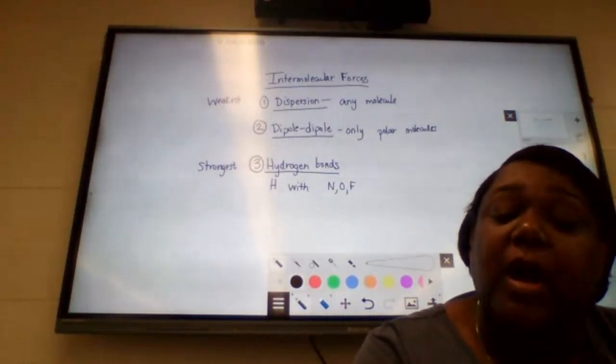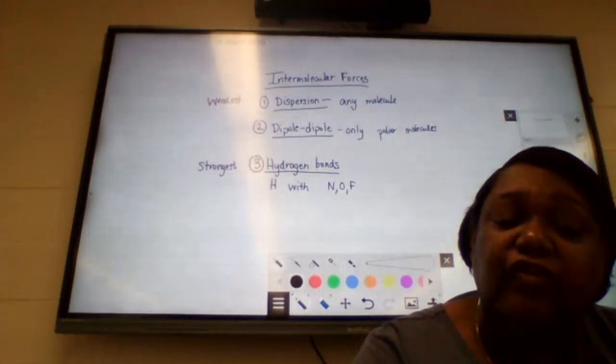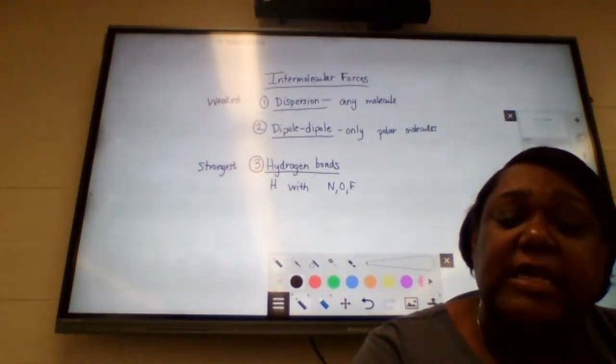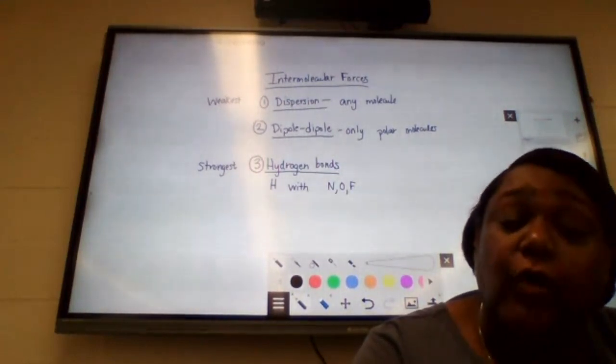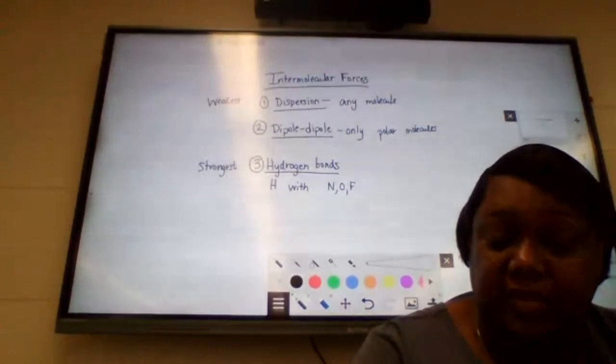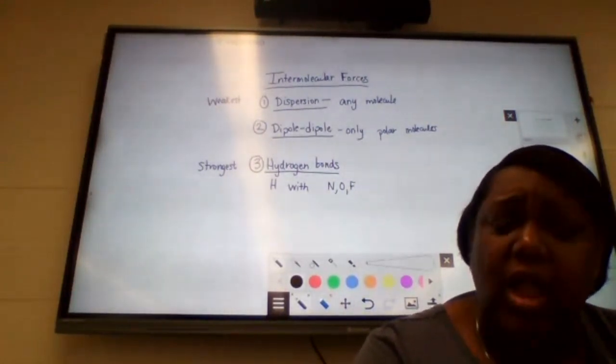And you encounter hydrogen bonds when you encounter compounds that have hydrogen being attracted to either nitrogen, oxygen, or fluorine. And we're talking about those three elements because those three elements have a very, very high electronegativity.